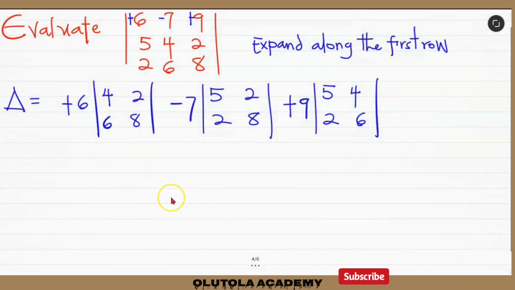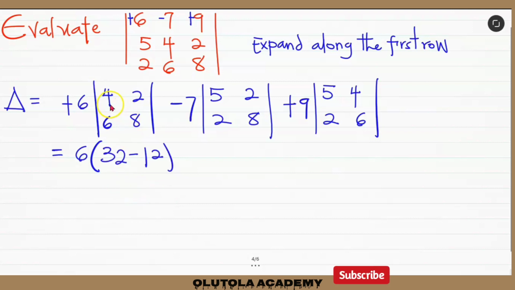So here we are going to have 6, that's the positive 6, into bracket 32 minus 12. That's 4 times 8, 32, 2 times 6, 12. Negative 7 into bracket 40 minus 4. So that's 5 times 8, 2 times 2.